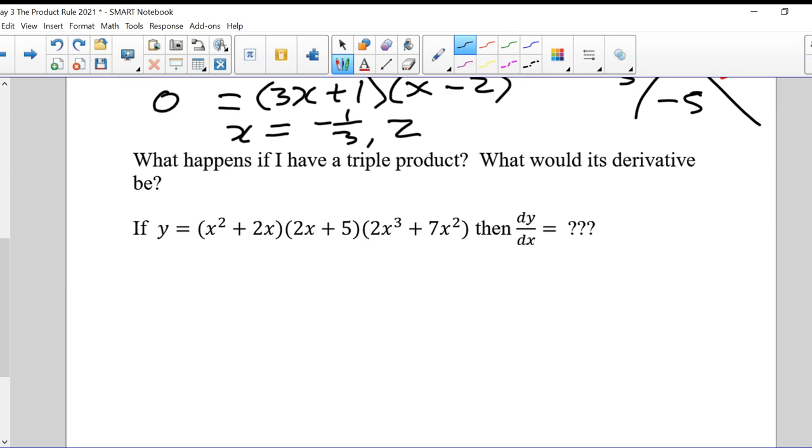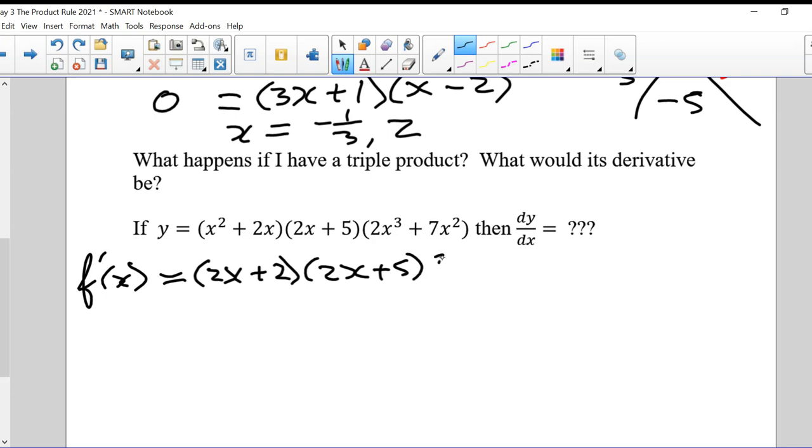What that would work out to be, for this particular case here, it's a pretty long solution, would be equal to the first term derived, which would be the 2x plus 2, multiplied by the underived second and third, so 2x plus 5 and 2x cubed plus 7x squared.